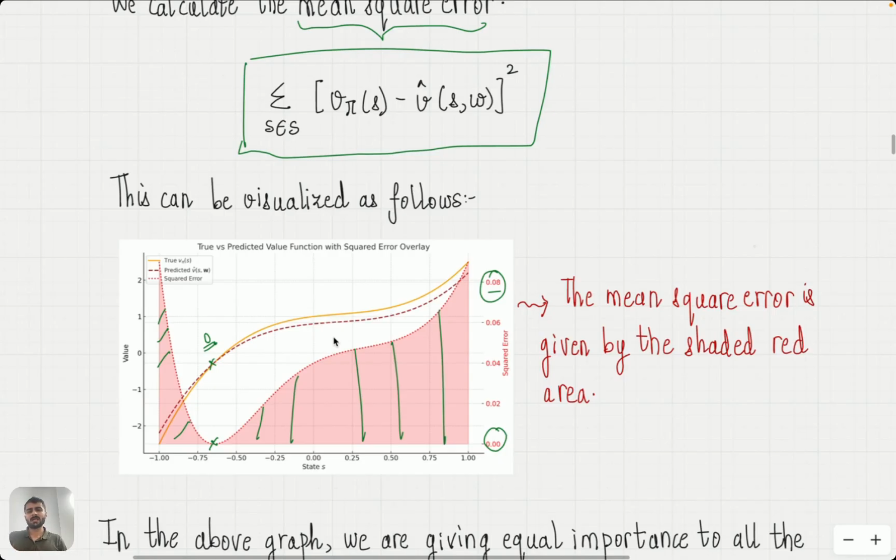So it makes sense that we give more importance to the errors which arise from the states which are visited more often by the agent compared to states which are not visited at all.